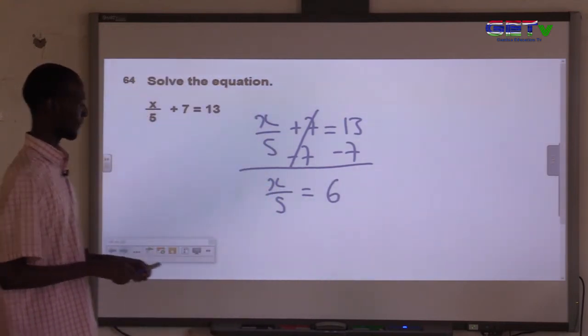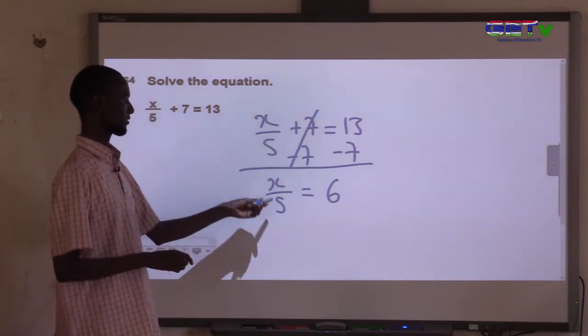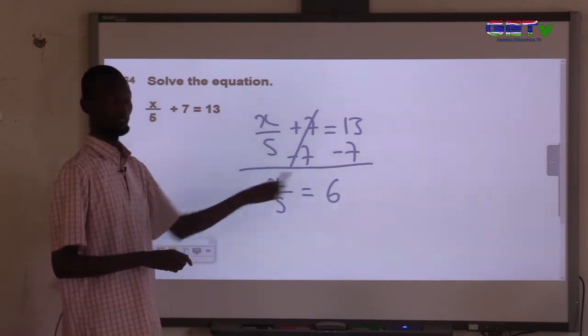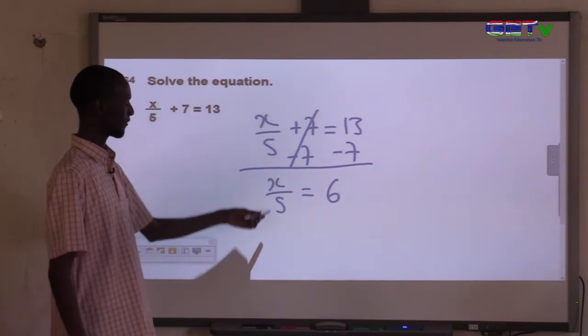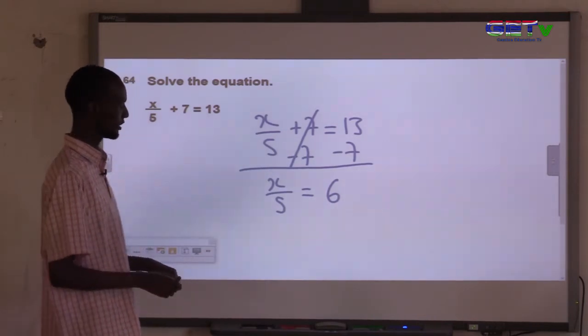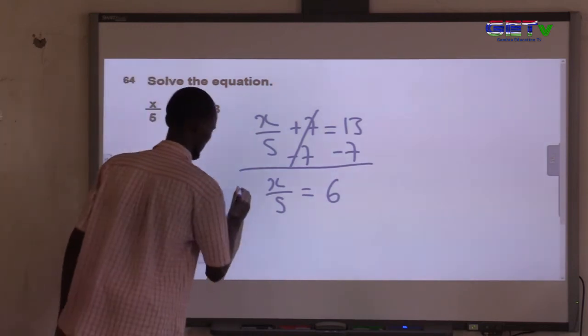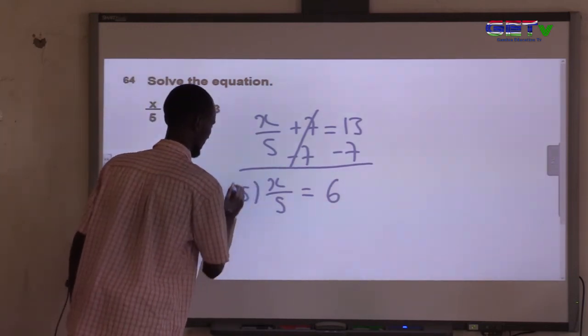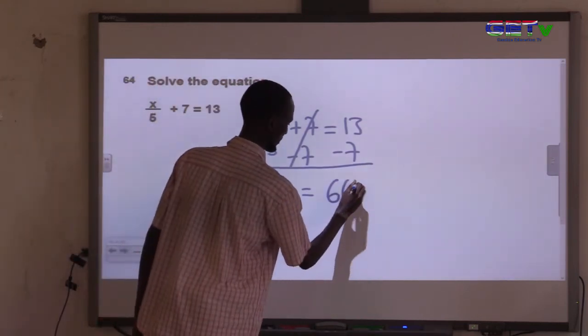But still now, our variable is not alone because we still have x over 5 equals 6. So the variable needs to be alone. x over 5 is x divided by 5. So we need to undo that division by multiplying. Multiply by 5 on the left-hand side, multiply by 5 on the right-hand side.